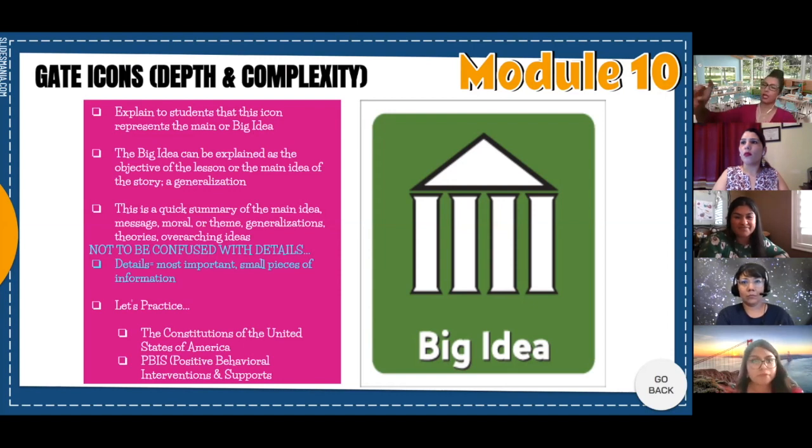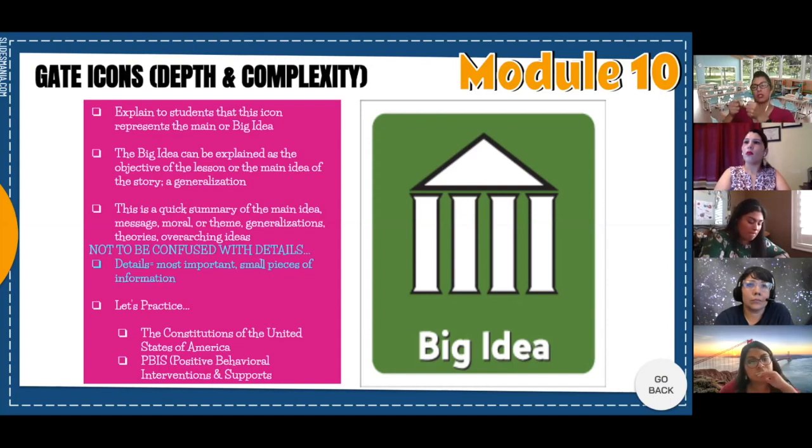So let's say the triangle on the top is set to be like a house with 4 pillars, because the icon has these 4 pillars to show that there are not just 4 important parts to make the big idea, but that the details are very important in order for that structure, for that roof, to stay standing, right?